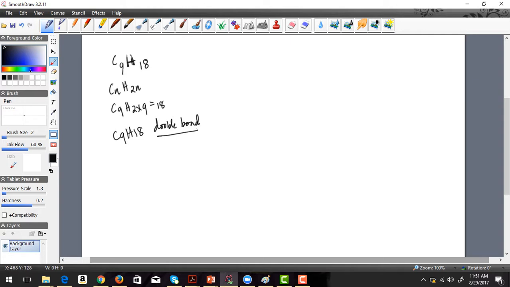Now there's another question you want to ask, which is how many double bonds do I have? Do I have just one, or do I have multiple in a single compound? We don't know. The only way to answer that is, first, we call this our given compound, the compound we're working with, and then we get the parent compound.